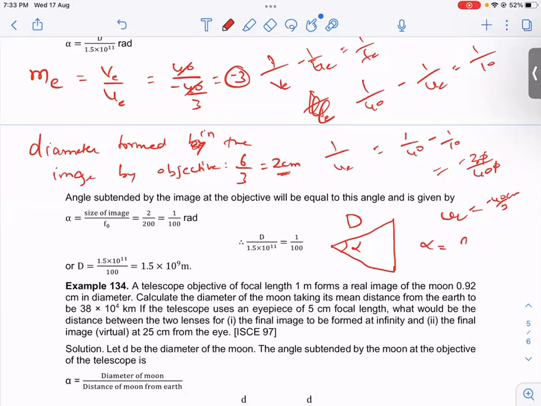So alpha is arc length divided by the distance. So what is the arc length?